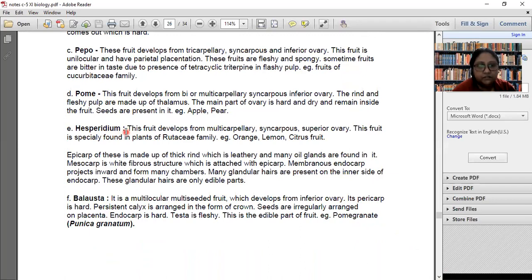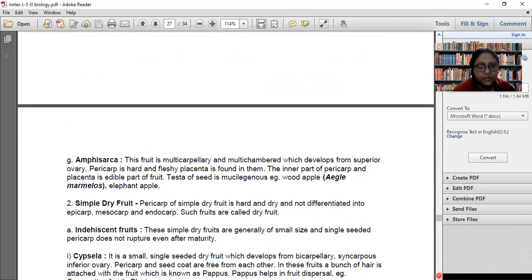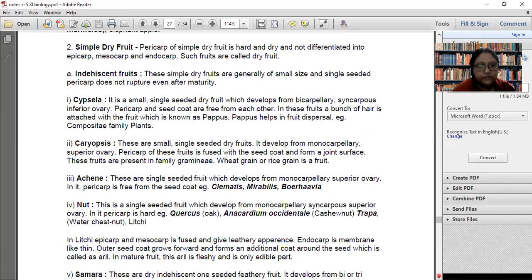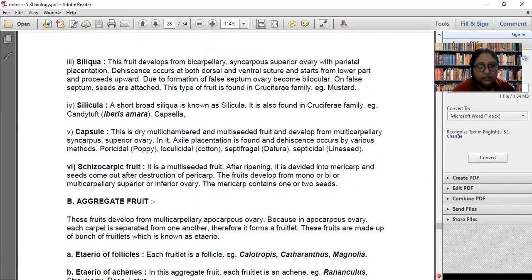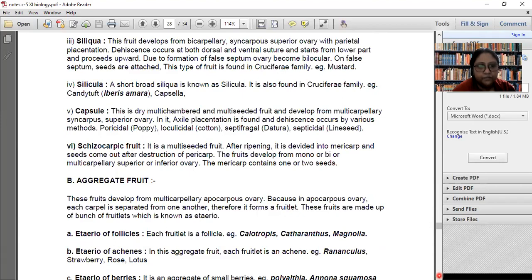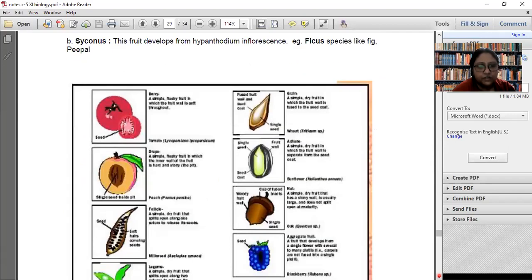Such kind of detailing is generally not asked, but just for your reference, I am talking about all these things. You can have a look into all these types of fruits.